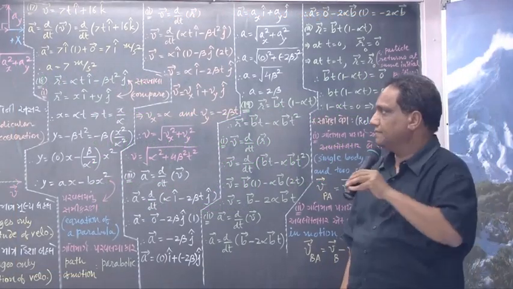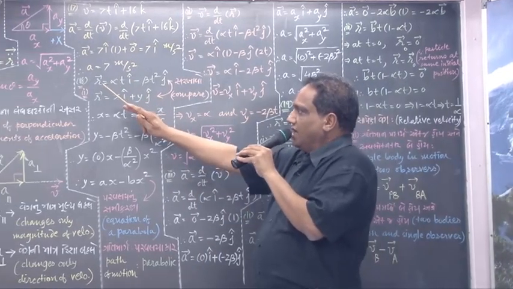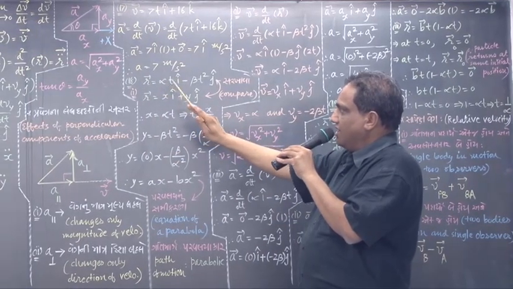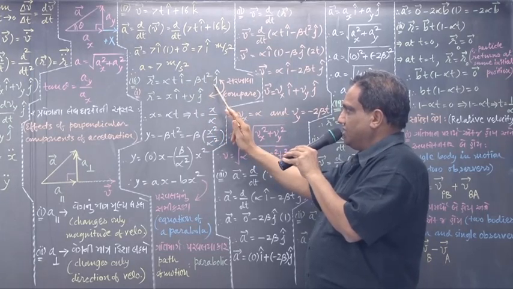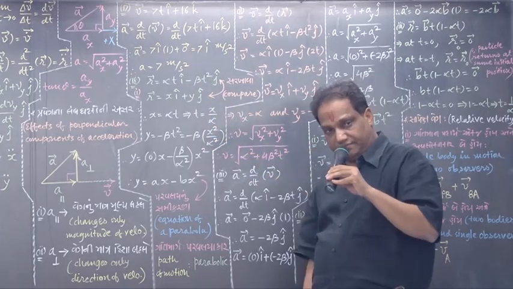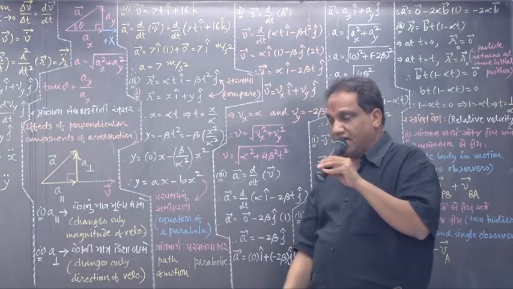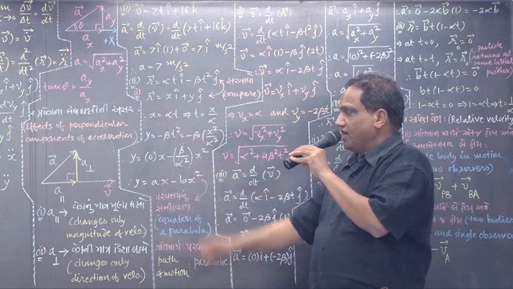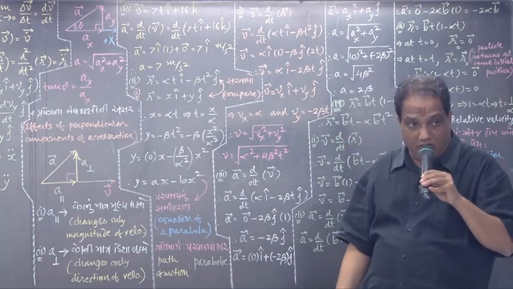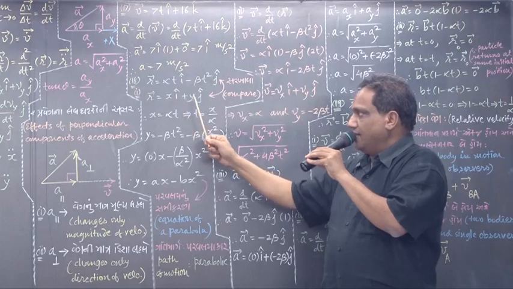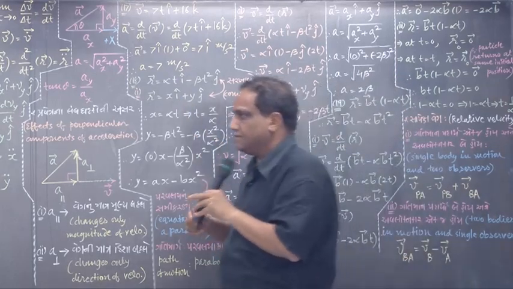Look, vector r equals alpha t i hat minus beta t square j hat. They have given this. But we also know the standard format of a position vector. What is the general expression of a position vector in 2 dimensions? x i hat plus y j hat.